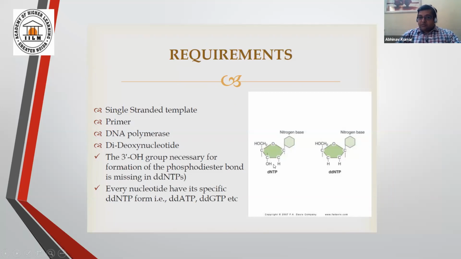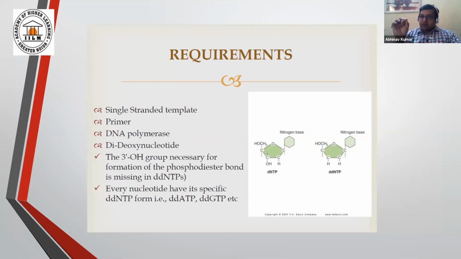There is a difference. You can see a hydroxyl group is there, and here there is no hydroxyl group. This is the most prominent difference. Because of this, formation of the phosphodiester bond halts. If the phosphodiester bond formation halts, it means the chain elongation will stop there.